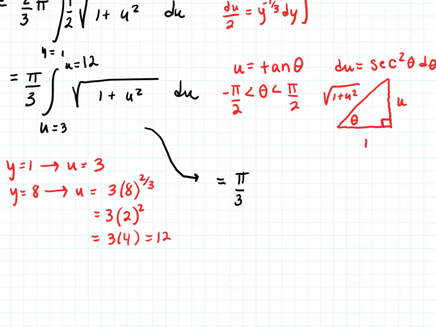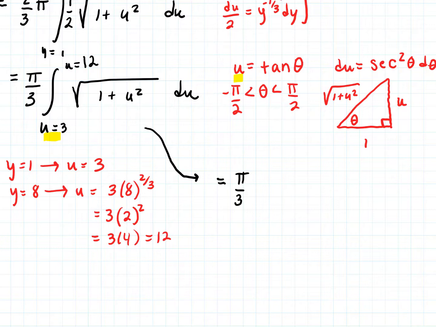But if I were to think about actually plugging u equals 3 in, theta is going to become the inverse tangent of 3, and if I were to plug 12 in, it would be the inverse tangent of 12. I don't know that that's all that helpful.